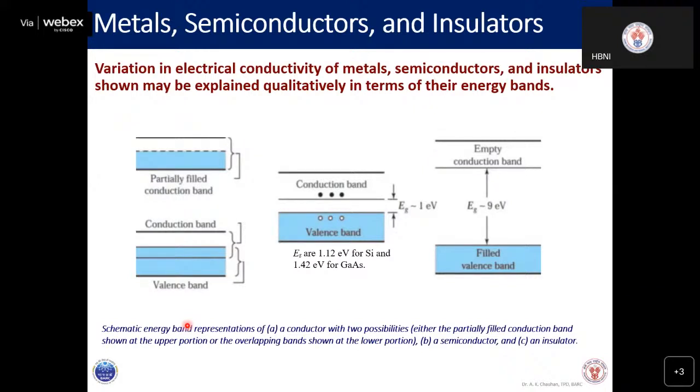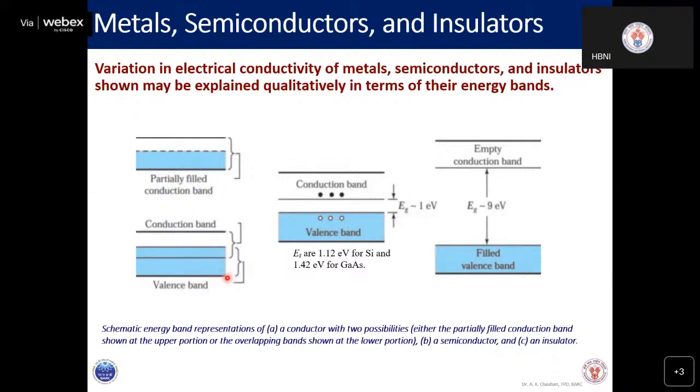Now, based on the band theory, we can explain the conductivity of metals, semiconductors, and insulators. It is a qualitative explanation. In conductors, you can have either a partially filled conduction band, as in copper, or the conduction band and valence band overlapping.